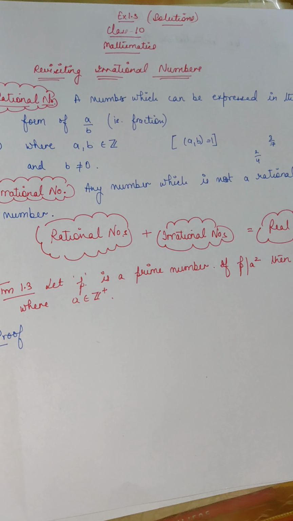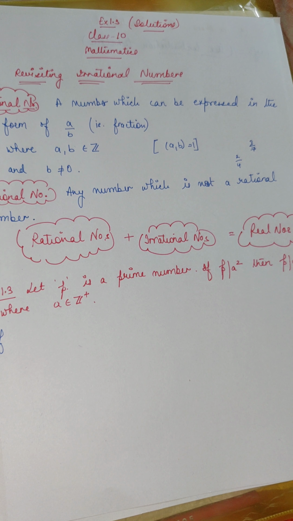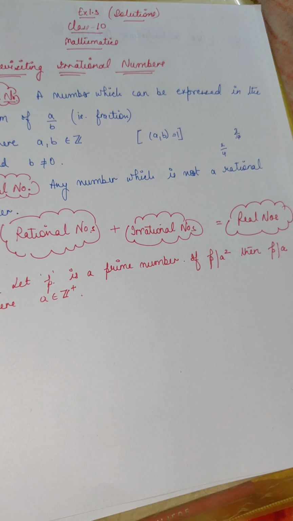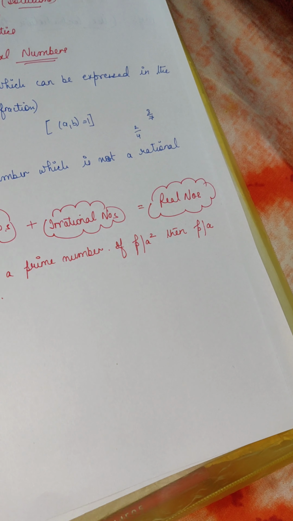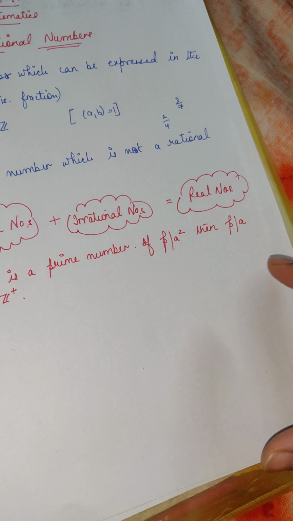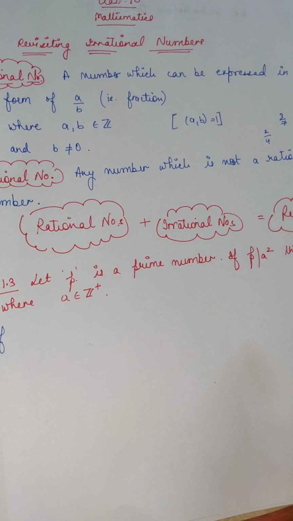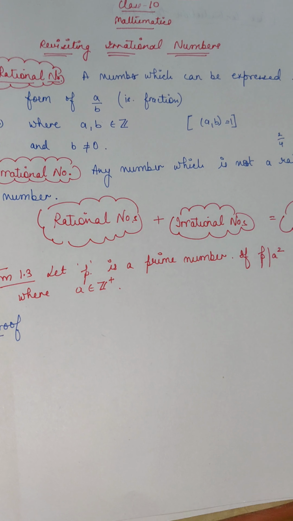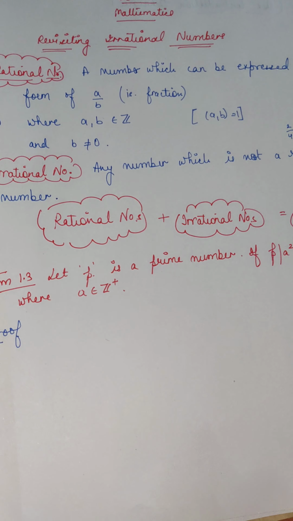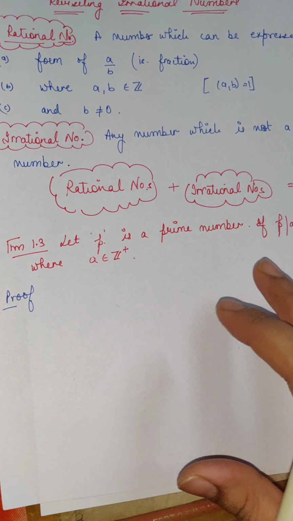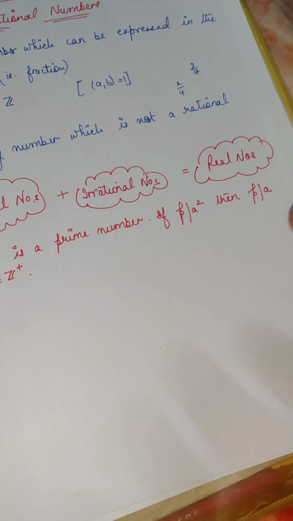Also, you know that the group of rational numbers and the group of irrational numbers combine to form a bigger group called real numbers. This we discussed in our 9th class and I have also shown you in the video on number system. I have given you a link and you can click and see that video as well.